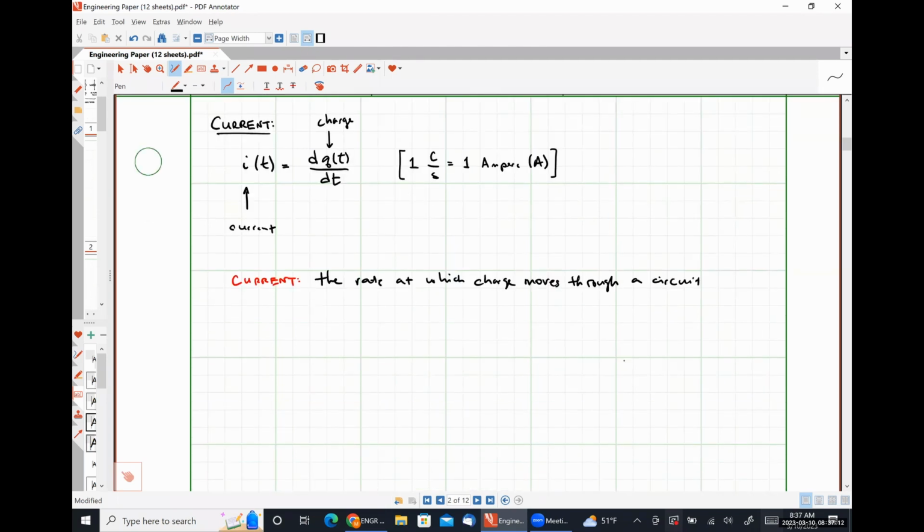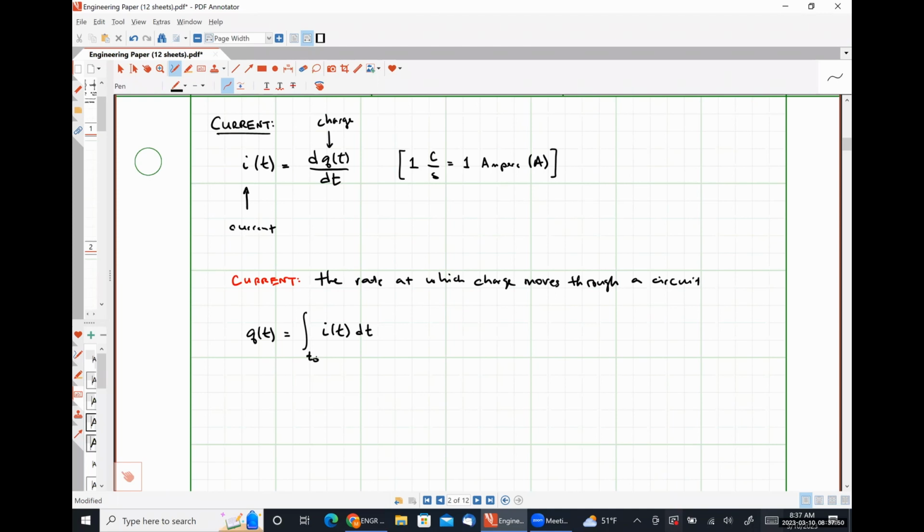So if I multiply both sides by dt, and then I take the integral of both sides of this expression, what I'm going to wind up getting is q of t, my charge, is equal to the integral of I of t dt. And now we're going to have to play around with things a little bit here. So I'm going to put some limits on this integral because we're engineers and we like numbers.